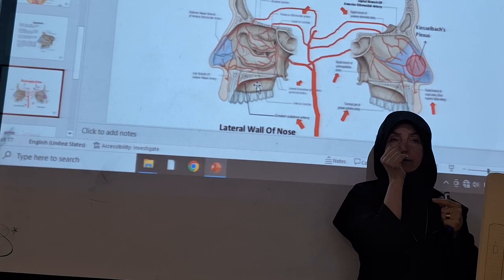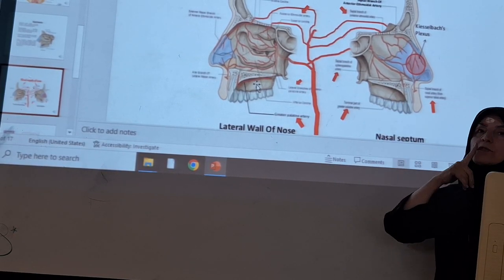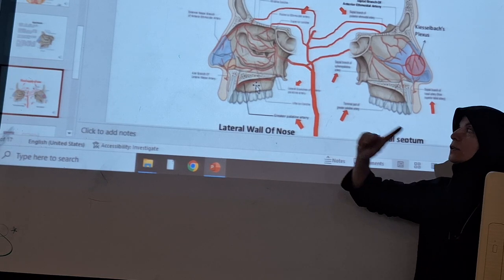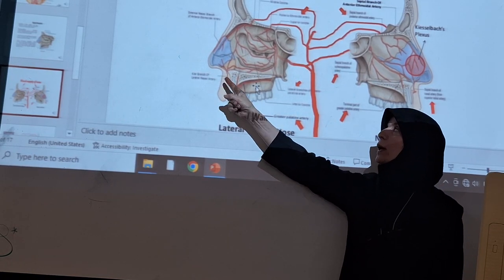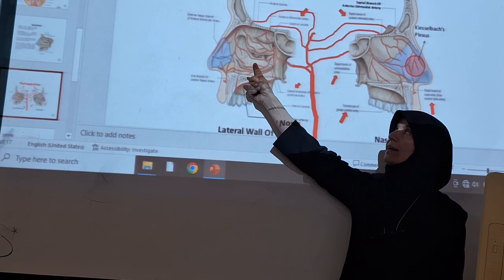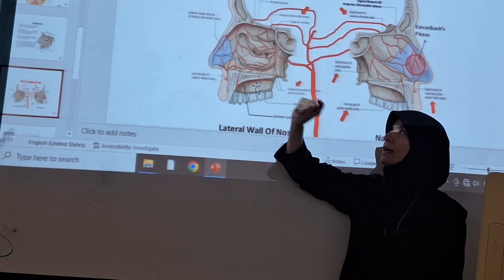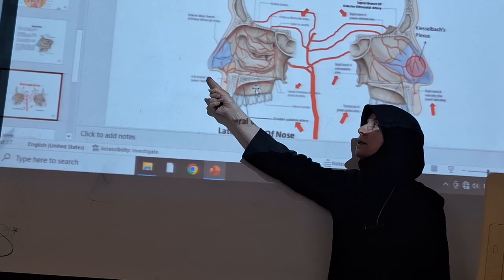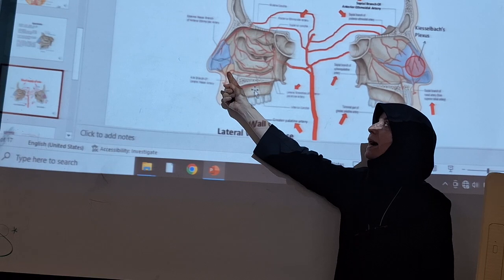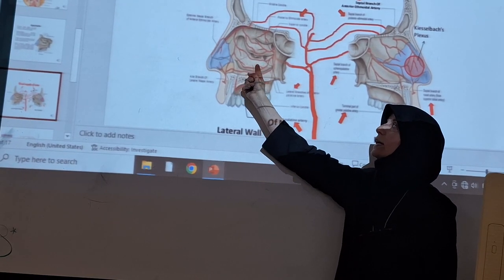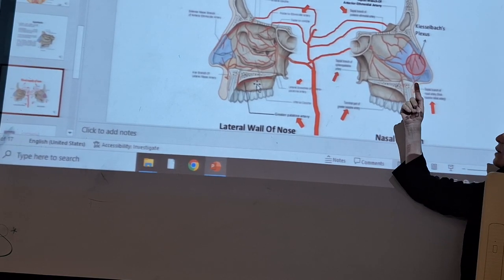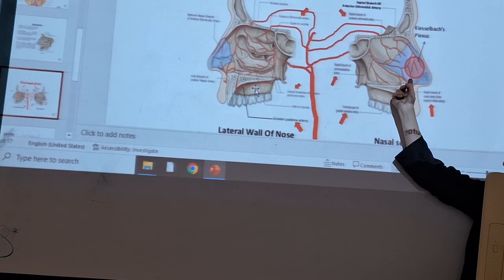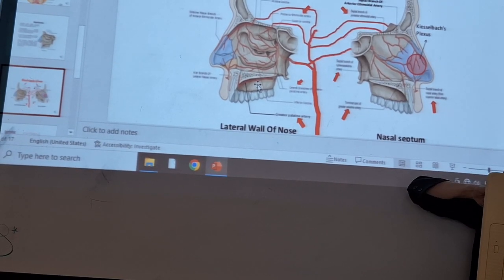For the nasal cavity, some branches from the facial artery enter from the nostril, to access the lateral surface, and they also access the medial surface.